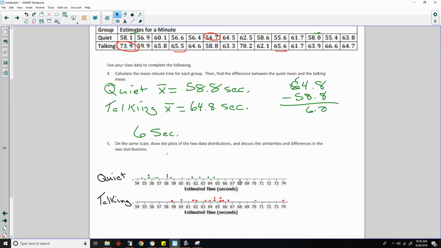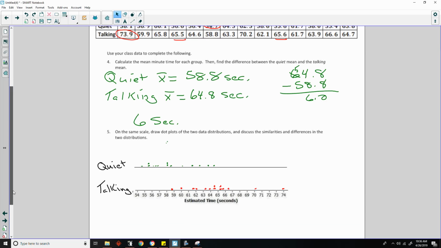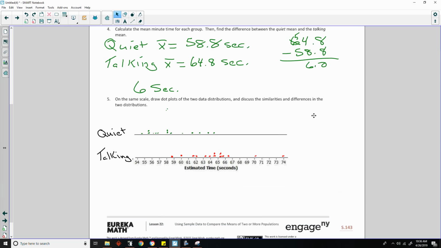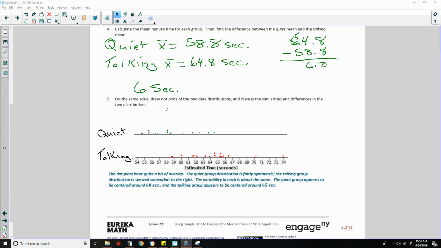Then to compare these, I could get rid of this, and now we can compare. Discuss similarities and differences. Okay, so the dot plots have quite a bit of overlap. They overlap from here to here.